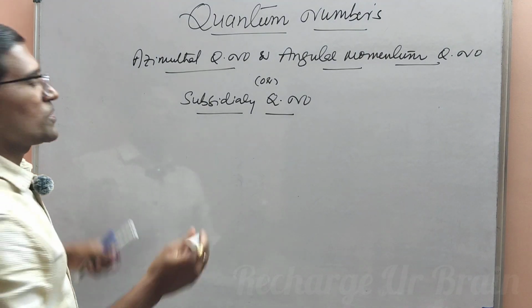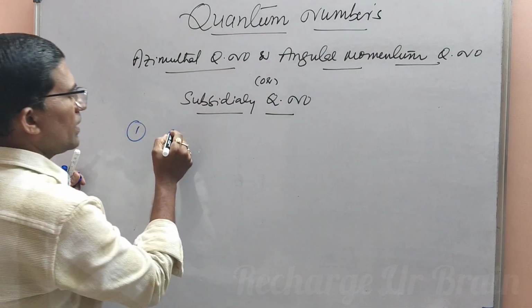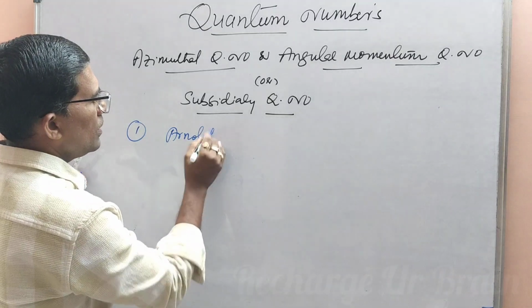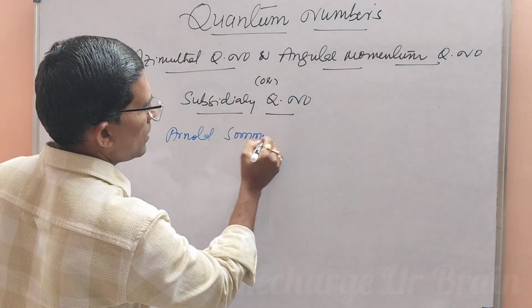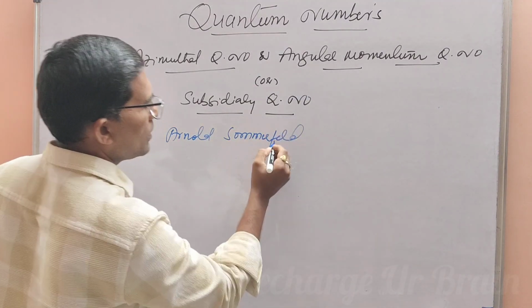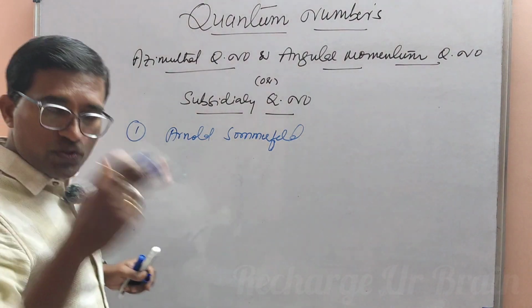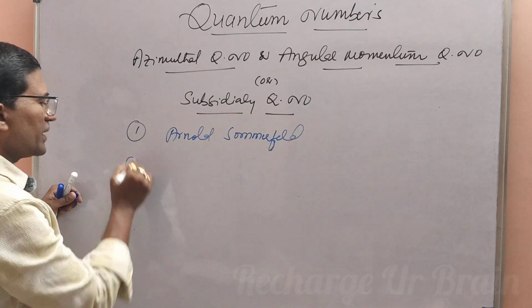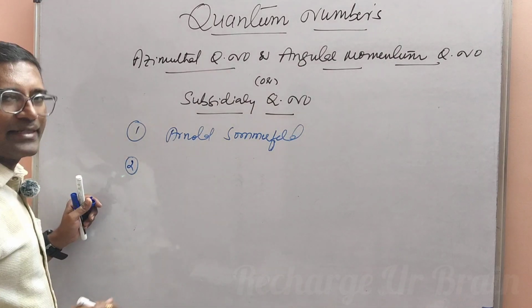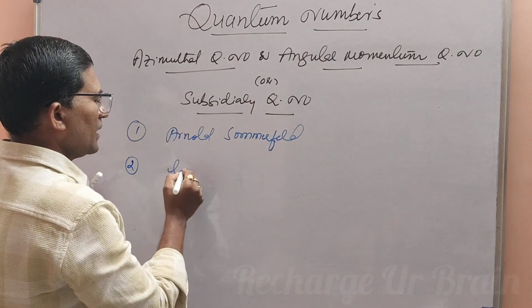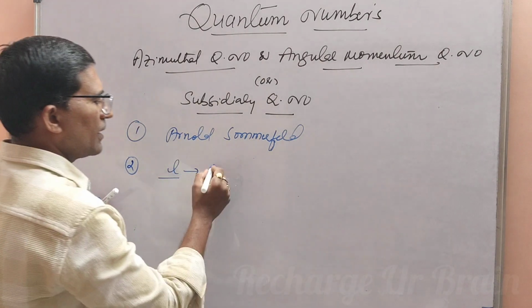This quantum number was proposed by a scientist called Arnold Sommerfeld. It is denoted or represented by the letter L.